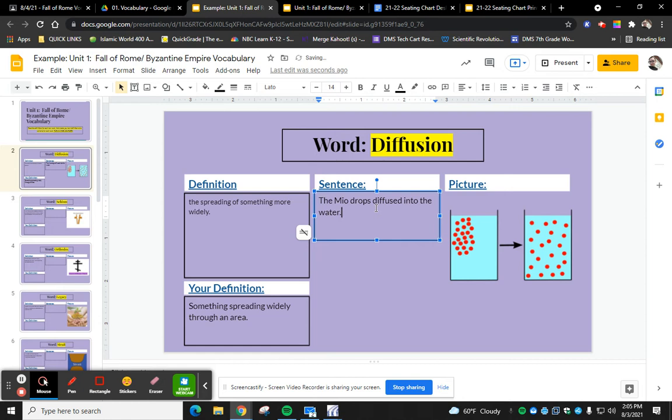So if you have those neodrops or any sort of thing that you put in water to change the flavor or the look, it diffuses, it spreads through the water. So that's a really good use of the word. Notice I put diffused and not diffusion. You can use a past tense of the word or a future tense like will diffuse in order to make your sentence. It doesn't have to be the exact same.